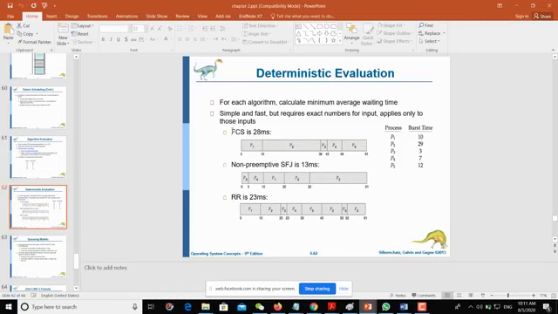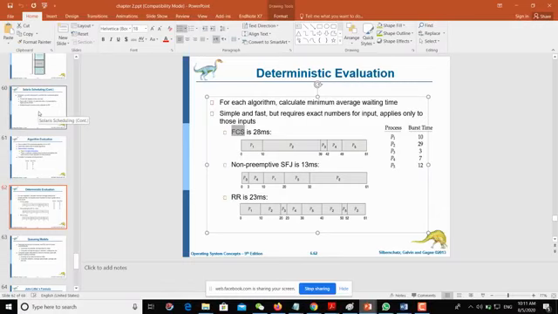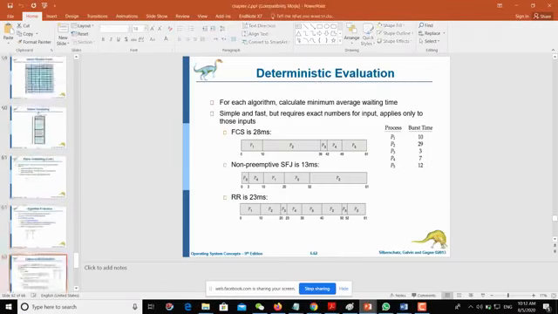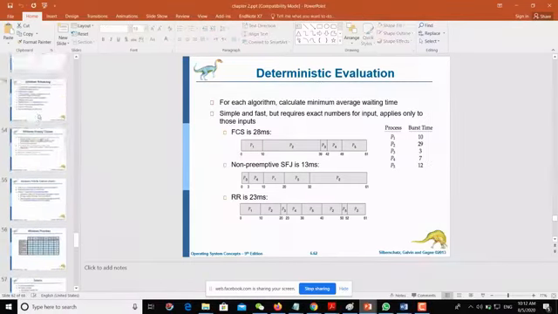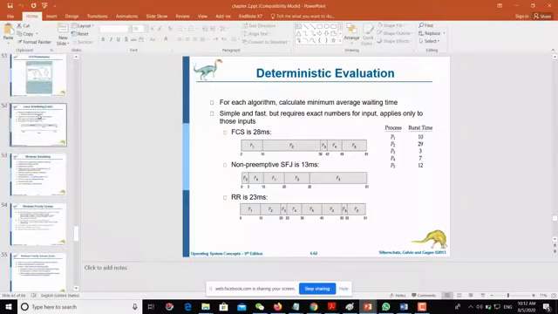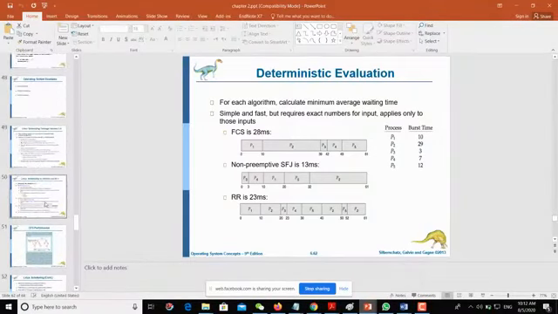Let me remind you of first come first serve, which uses the concept of first come first serve. We already studied this, but I just want to remind you.